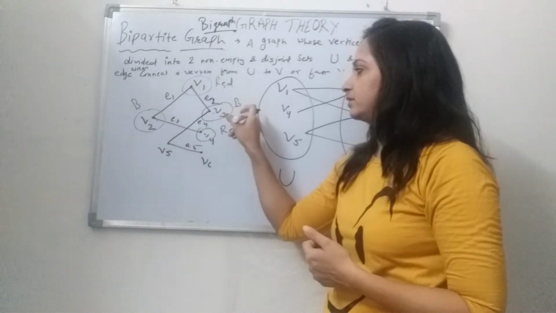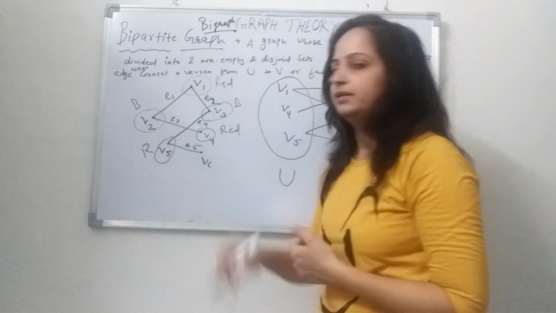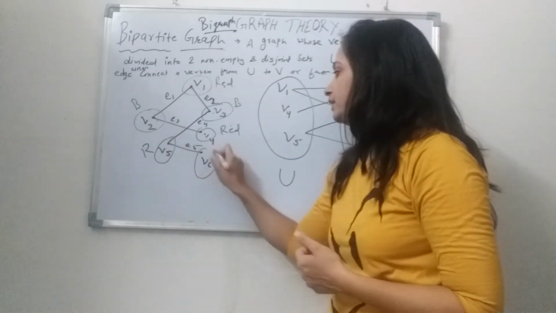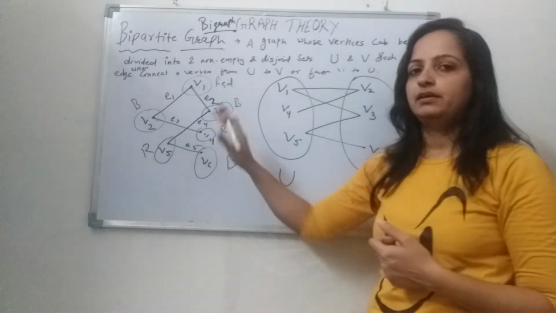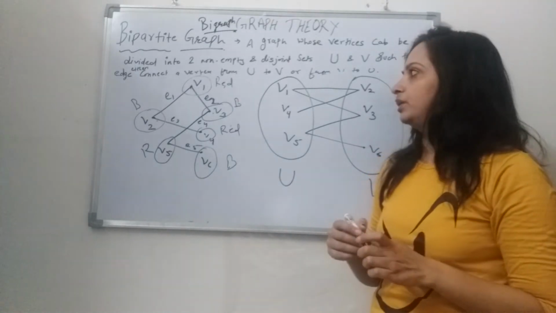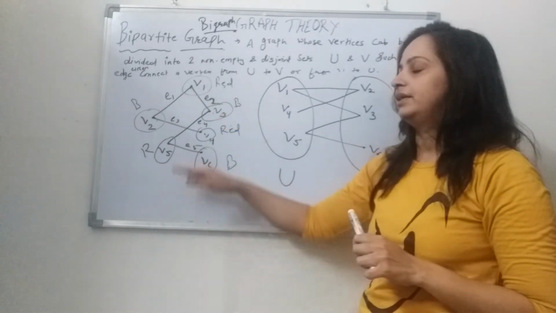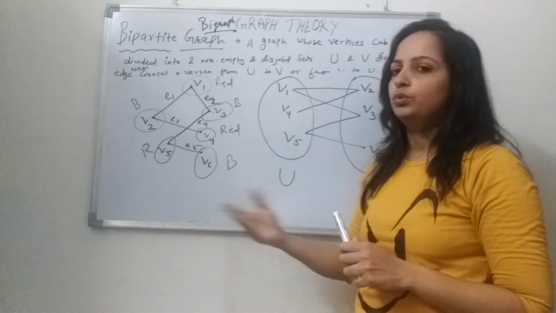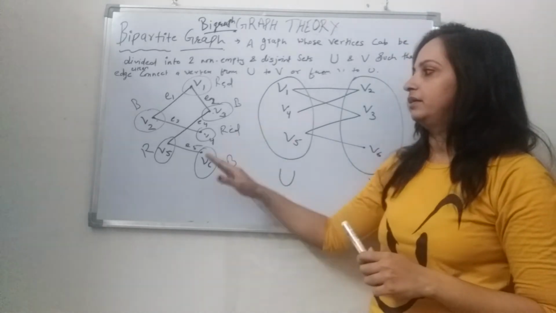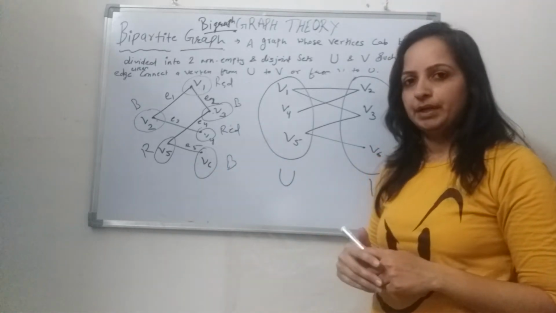And V3 is also blue, so I am coloring V5 as red and again V6 as blue. So I colored my whole graph with only two colors, red and blue. So a graph is called bipartite if it can be colored with two colors. If I can color the whole graph using only two colors, then the graph is a bipartite graph.